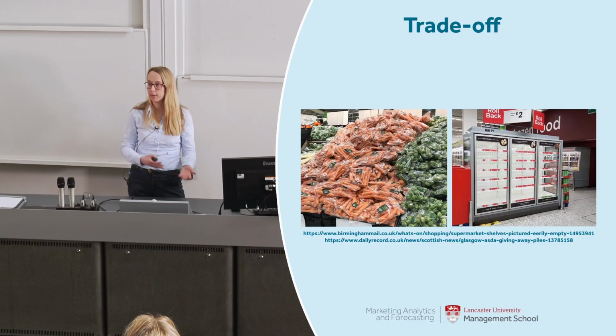But sometimes if it's a perishable product, some of that might actually perish, and then you have to throw the outdated products away. So you could say, okay, I don't want to go into this extreme, I'm going to the other extreme and I'm just not ordering anything. Again, not a very good decision because it means you won't be able to sell anything. So an inventory manager wants to find the right balance between these two extremes.